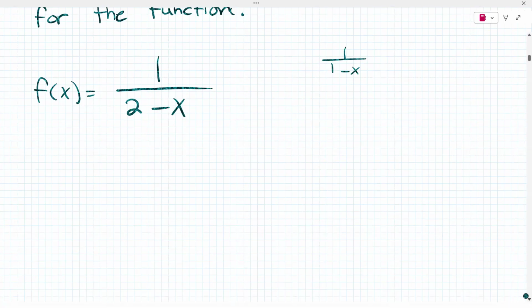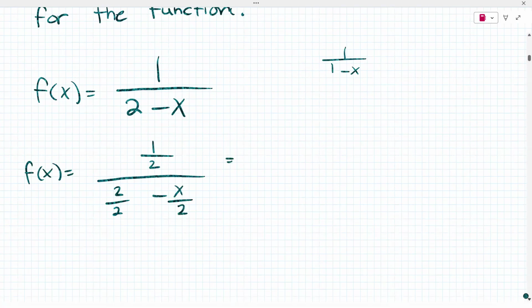So how do we get rid of this 2? You're going to have to divide everything by 2, right? This would be 1 over 2, 2 over 2, minus x over 2. Okay, so you have 1/2 on top, and then 2 over 2 is 1, minus x over 2.